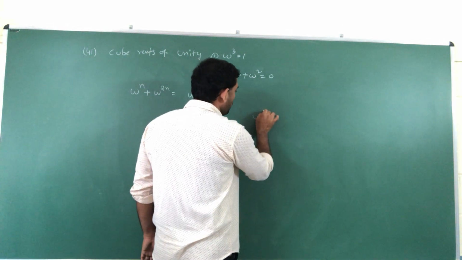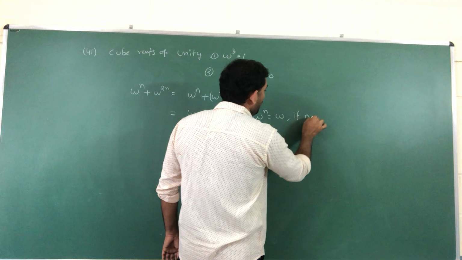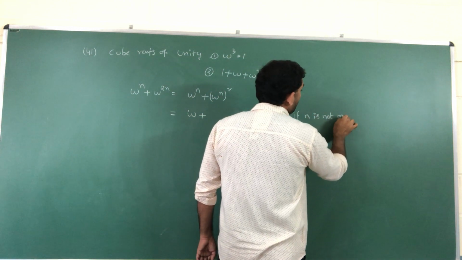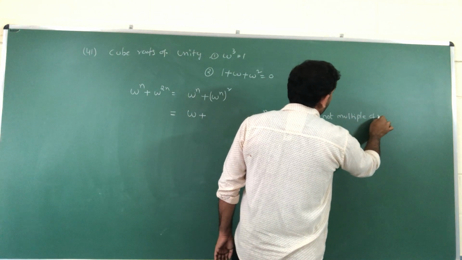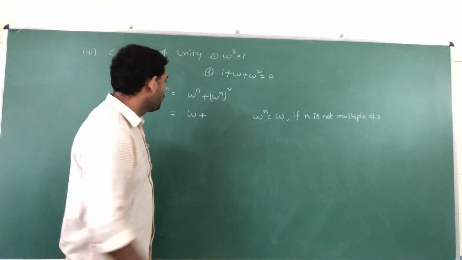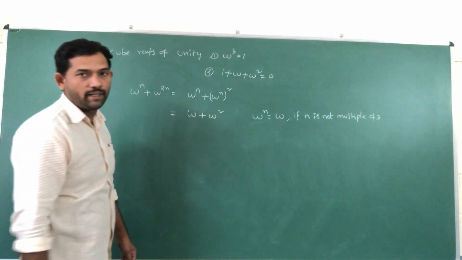So the first value is omega, the second value is omega square.